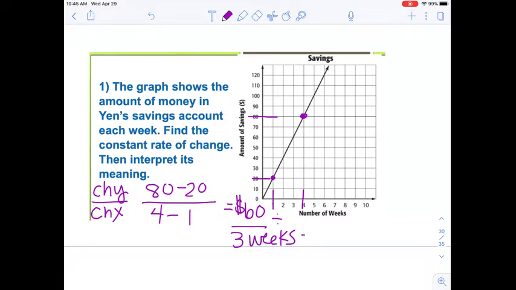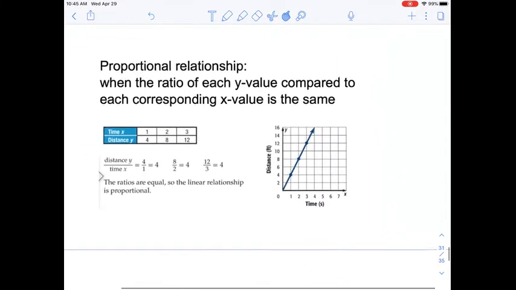So now we have $60 over 3 weeks. We have to make that a unit rate, so I'm going to divide both by 3. And I'm left with $20 over 1 week. So when it says interpret its meaning, all that means is what you're saying is that every week, Yen is saving $20 more.